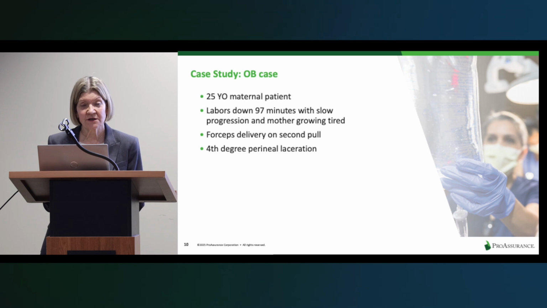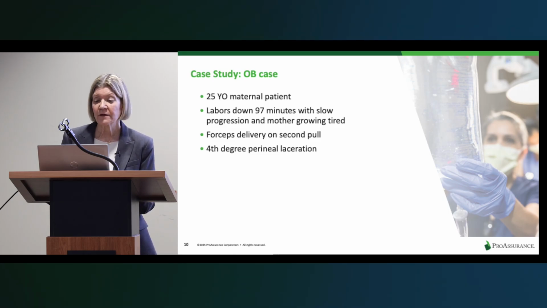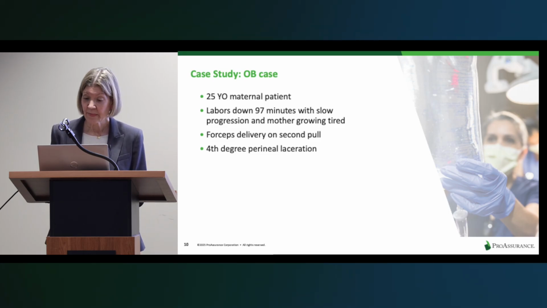The physician documented fetal malpresentation as the reason for the forceps delivery. The OB did try to rotate the baby prior to using the forceps, but was not successful. With the first pull, the baby descended slightly and was delivered on the second pull.